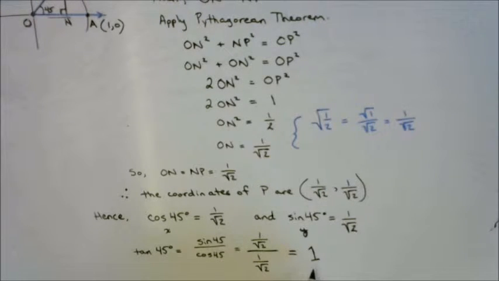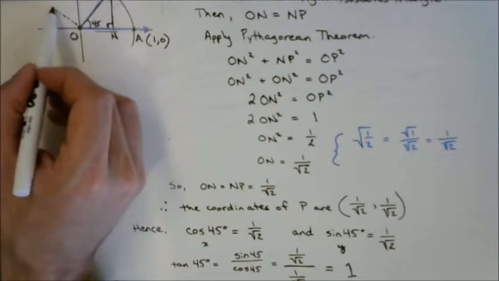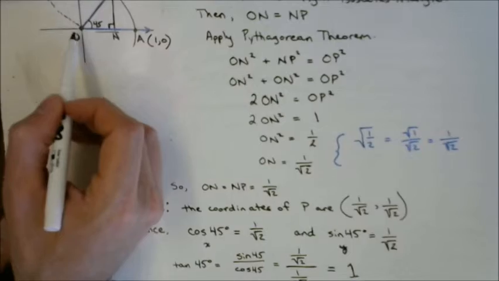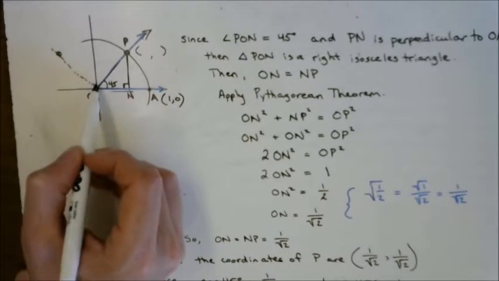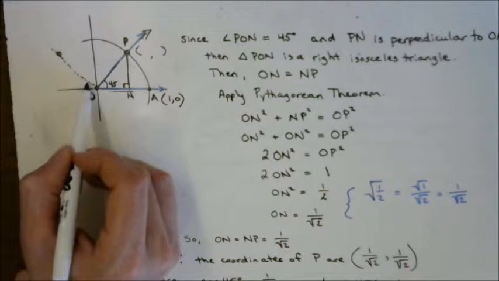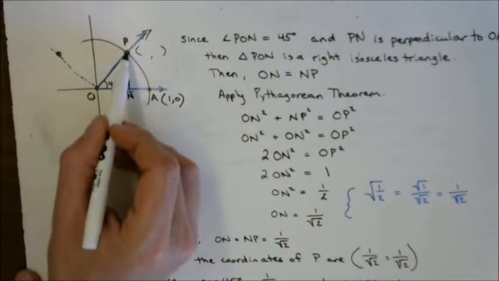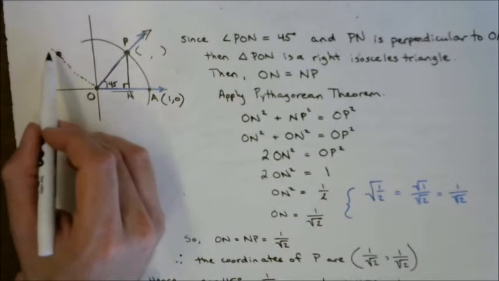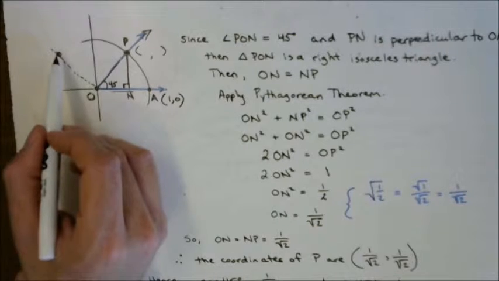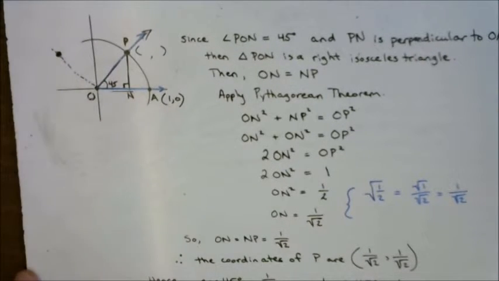What do you think the tangent of this guy over here is? The tangent of 135. If the tangent of 45 is 1, then over here one of our coordinates has become negative, so the tangent will be negative.